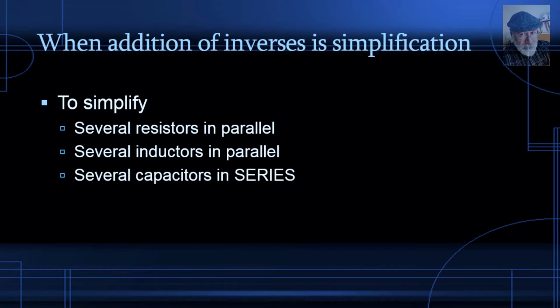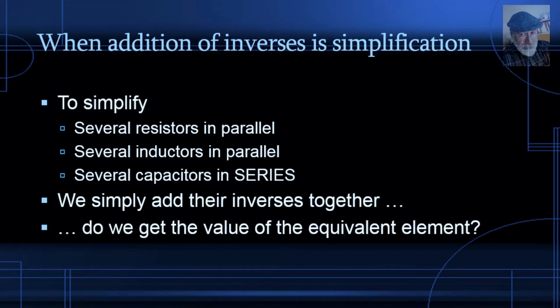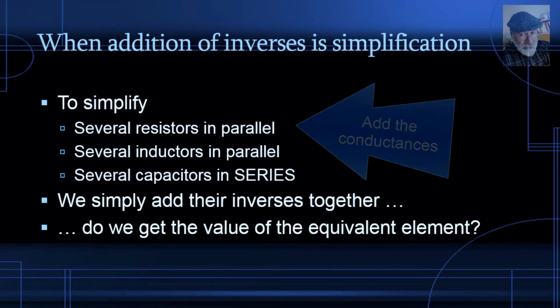Same with capacitors, but capacitors in series. In this case, we add their inverses. We simply add their inverses together. However, what we get is the inverse of the value of the equivalent element. So if we add together the conductances of the resistors in parallel, we get the conductance of the equivalent resistor.